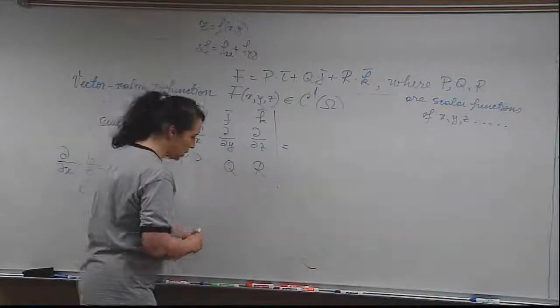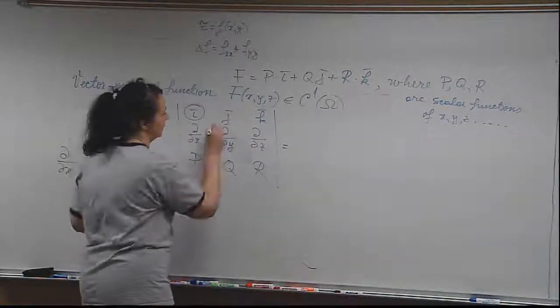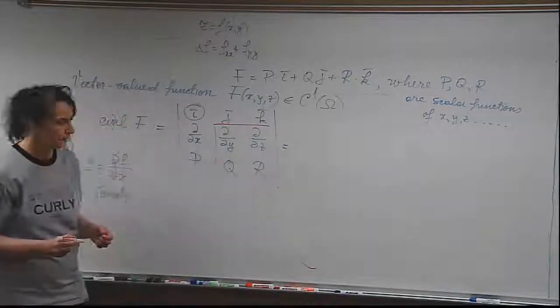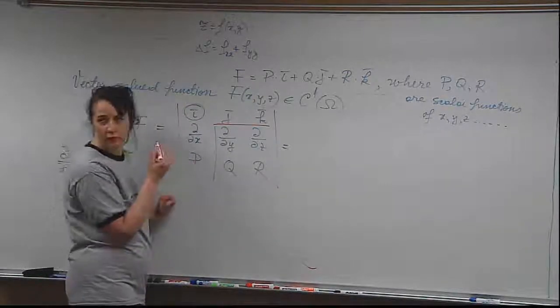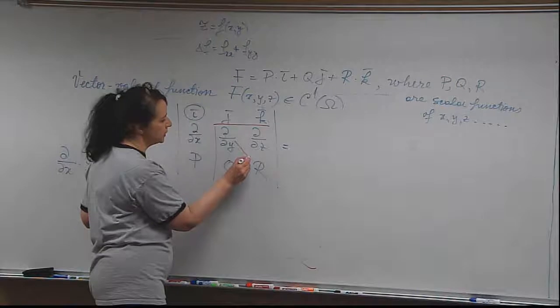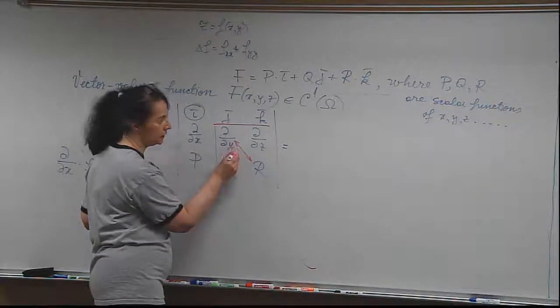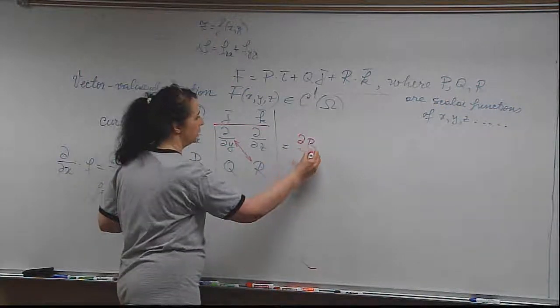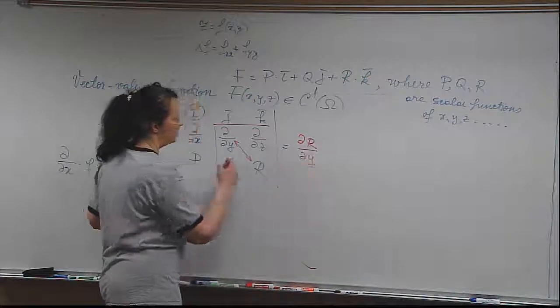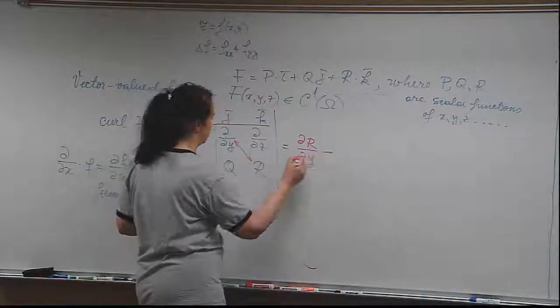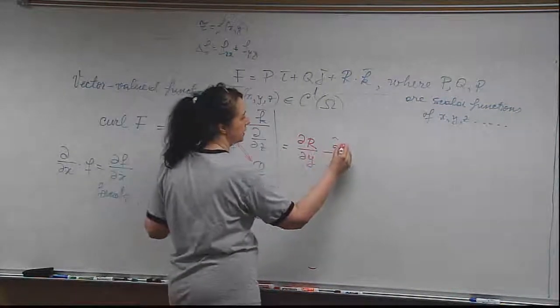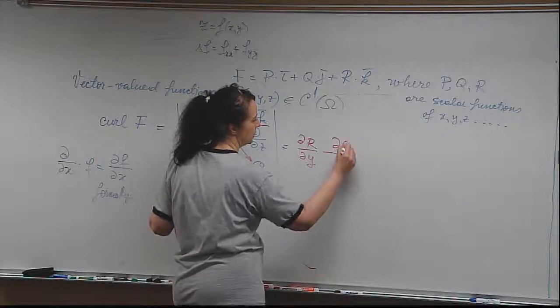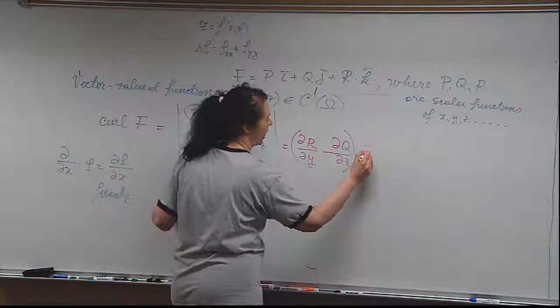I times whoever the minor will be, which is this guy. How do you do it? The cowboy problem, these guys multiply each other. So you go dR/dy minus dQ/dz, close, times i.